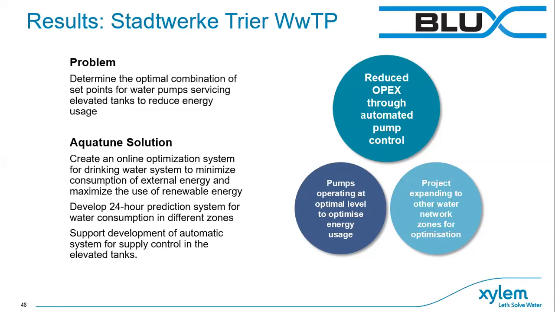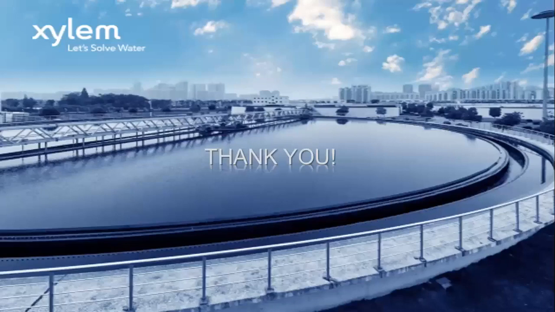By introducing automatic pump control, we massively reduced the OPEX, and also gave that pumping station more capacity to take incoming flow. And actually, I think our hour's up anyway.